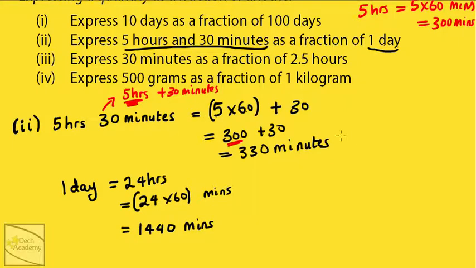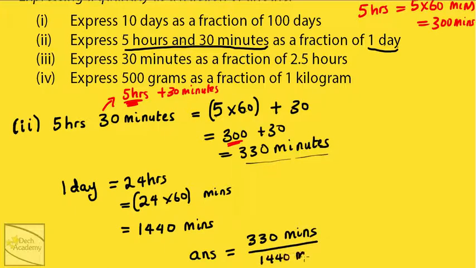So now this question is the same thing as saying express 330 minutes as a fraction of 1,440 minutes, and our answer is simply 330 minutes divided by 1,440 minutes. Because the units are the same, minutes will cancel minutes.